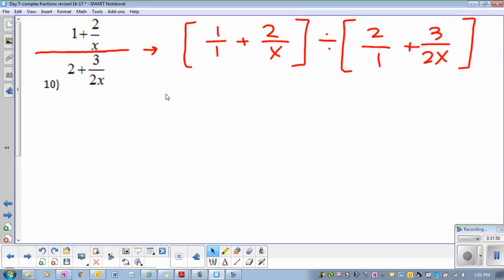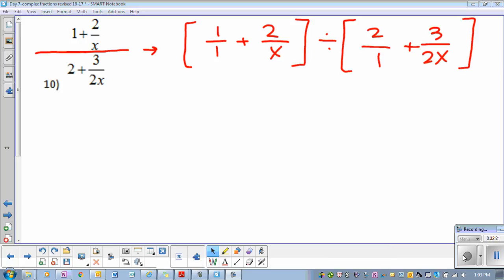All right. So, looks like you're going to have to add the fractions in your numerator and add the fractions in your denominator, but you have ones in your denominator, so this should be okay. While you guys are working, I'm going to do my work up here, and then you can compare.